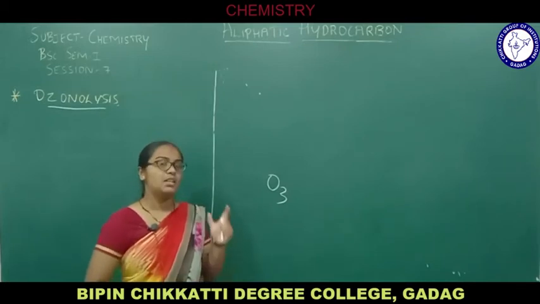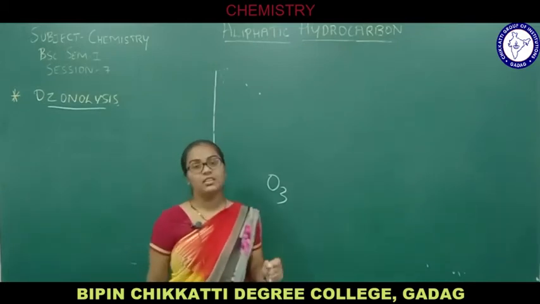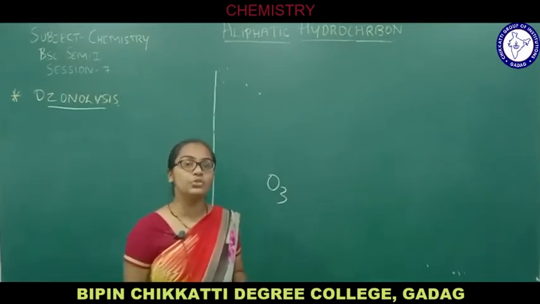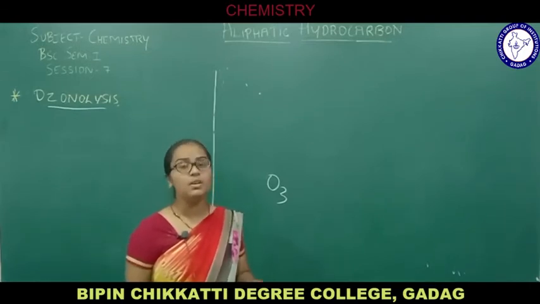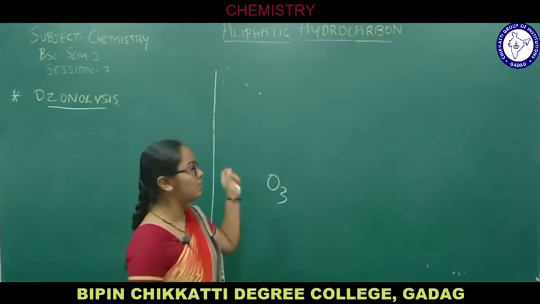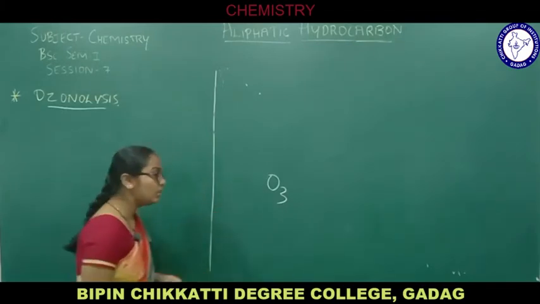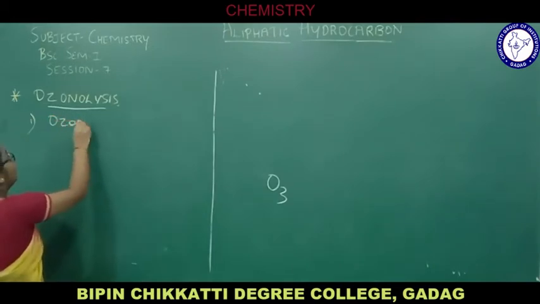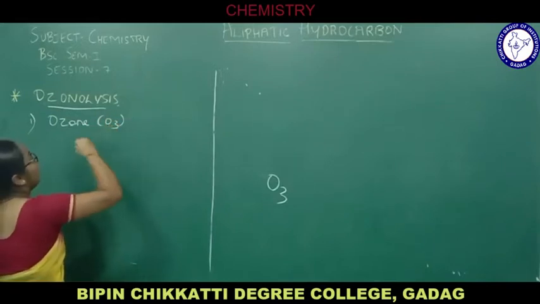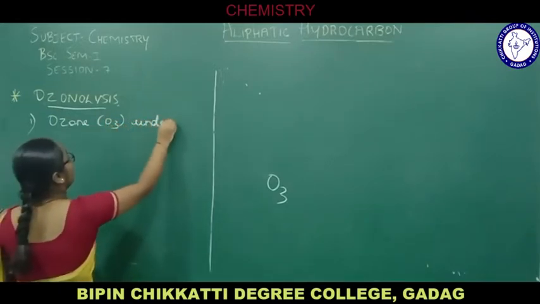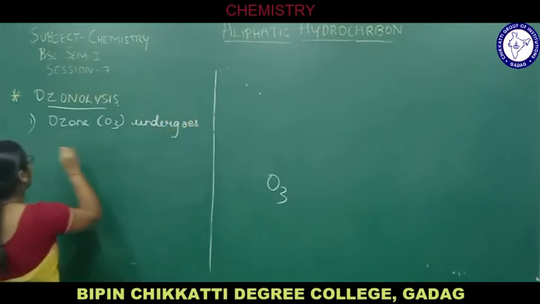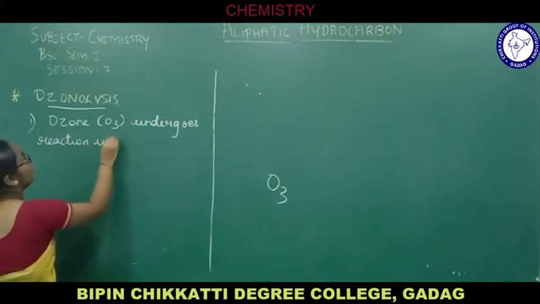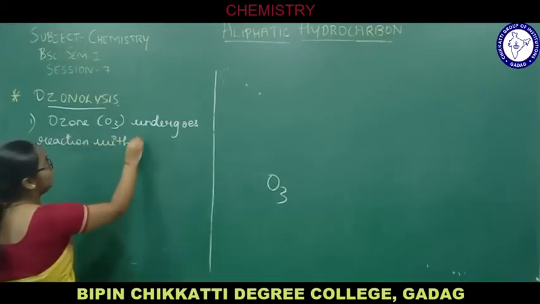After breaking up, it will get added to the olefin to form a certain unstable addition product which is called ozonide. So how is this going to be formed? First, let's write down the statement and understand with the help of reactions. Children, first the ozone, this O3 molecule, undergoes reaction with olefin. Olefin is alkene.